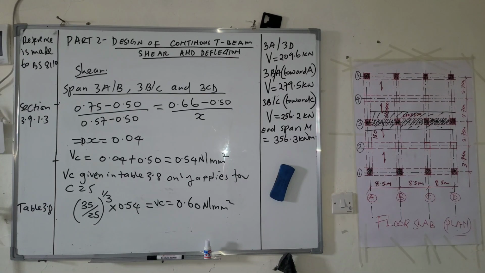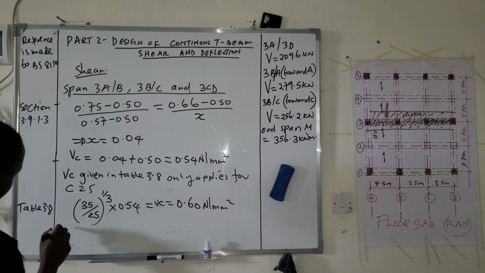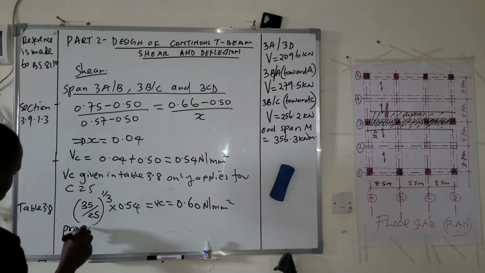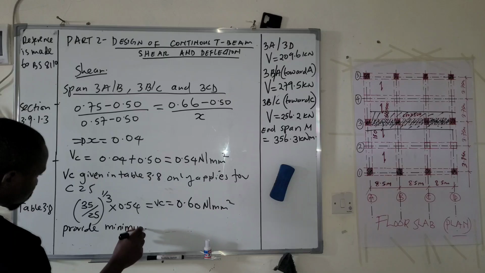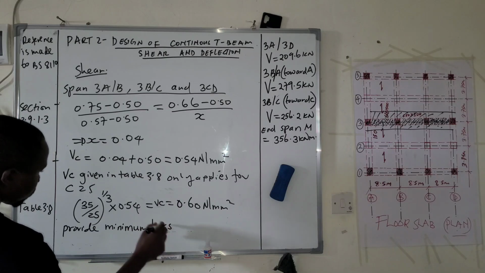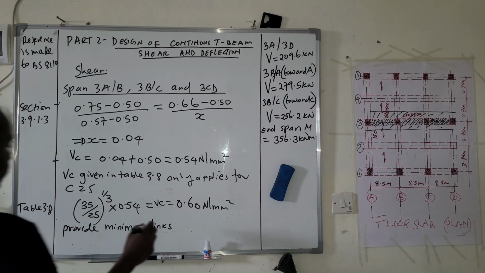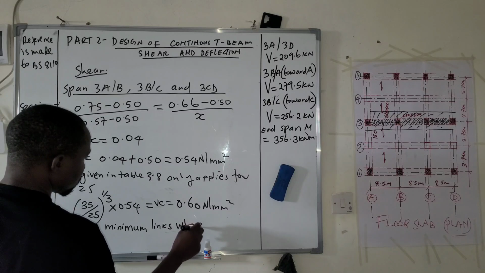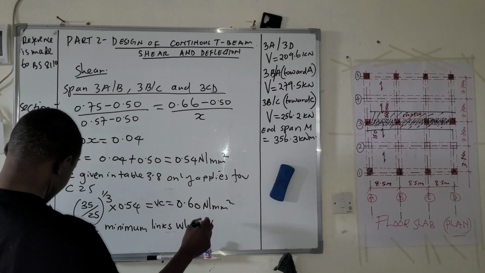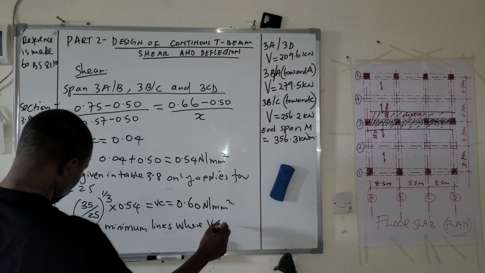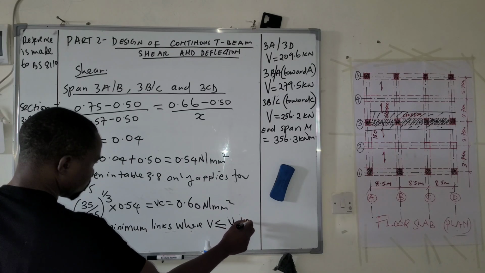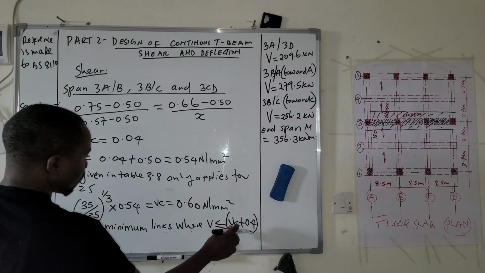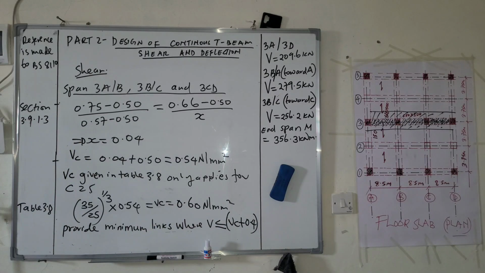Now you will provide minimum links where v is less or equal to Vc plus 0.4. So our Vc is 0.60.